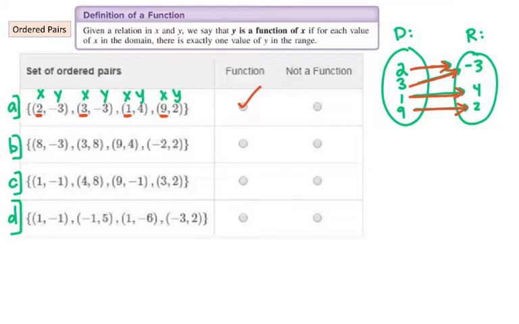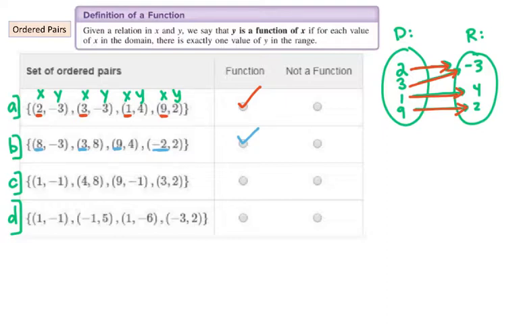So you can switch it into a mapping diagram, or you can just go ahead and look at the inputs, 8, 3, 9, and -2. These are all different inputs, so I know I will not run into a problem of an input giving me 2 different outputs. Why? Because each input is a different number, so you won't have any conflicts.